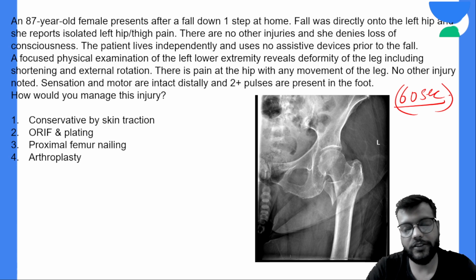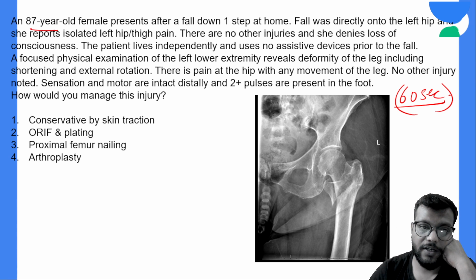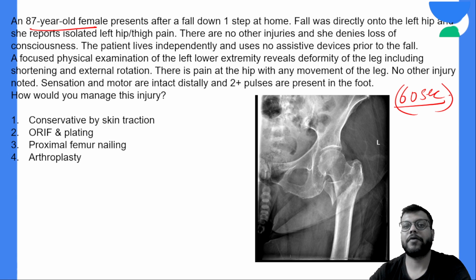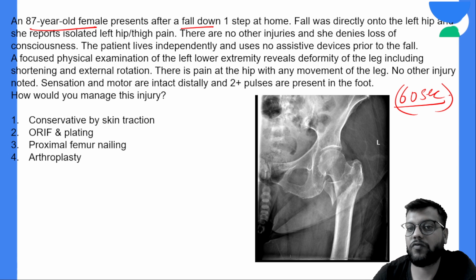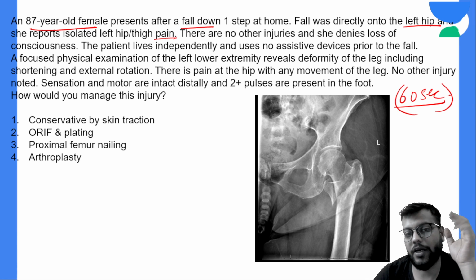Okay, so let's discuss. An 87-year-old female, that is an elderly female, after a fall down one step at home, fall was directly onto the left hip, and she reports isolated left hip and thigh pain. No other injuries. She denies loss of consciousness, meaning there is no head injury. Lives independently and uses no assistive devices prior to the fall.